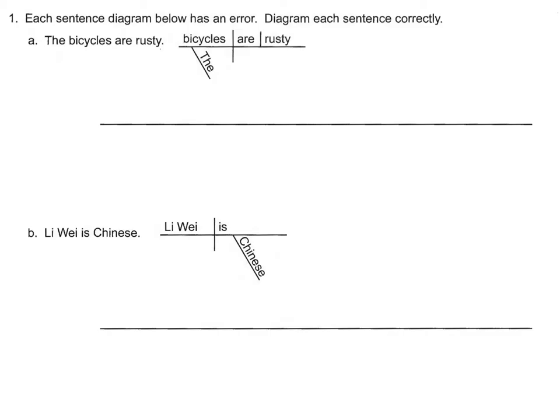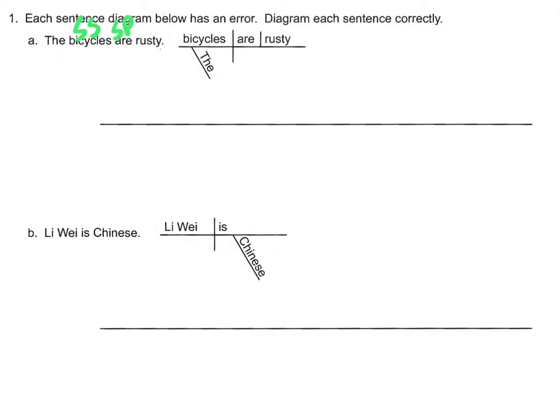Questions 1A and 1B have correct sentences, but incorrect sentence diagrams. So let's take a look here. The bicycles are rusty. Who or what is this about? It's about bicycles. And what do the bicycles do? Well, they exist. They are. So linking verb there.